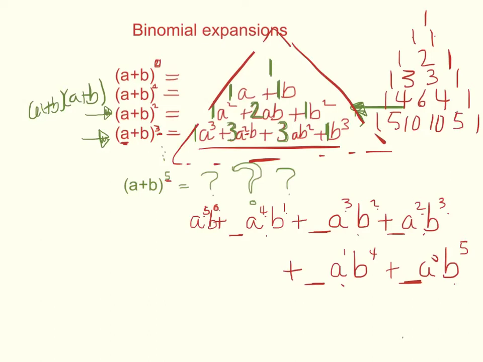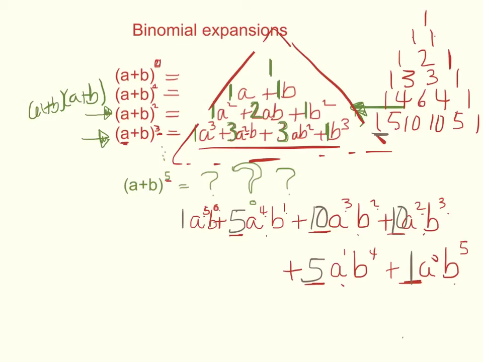Those are going to give us our numbers. So if I write that in, this will be 1 from there, then we'll have 5, 10, 10, 5, 1.